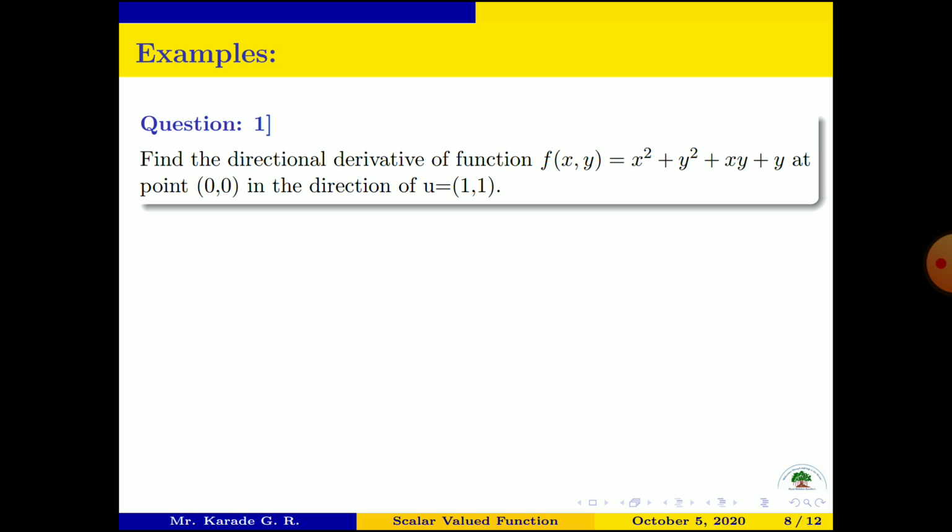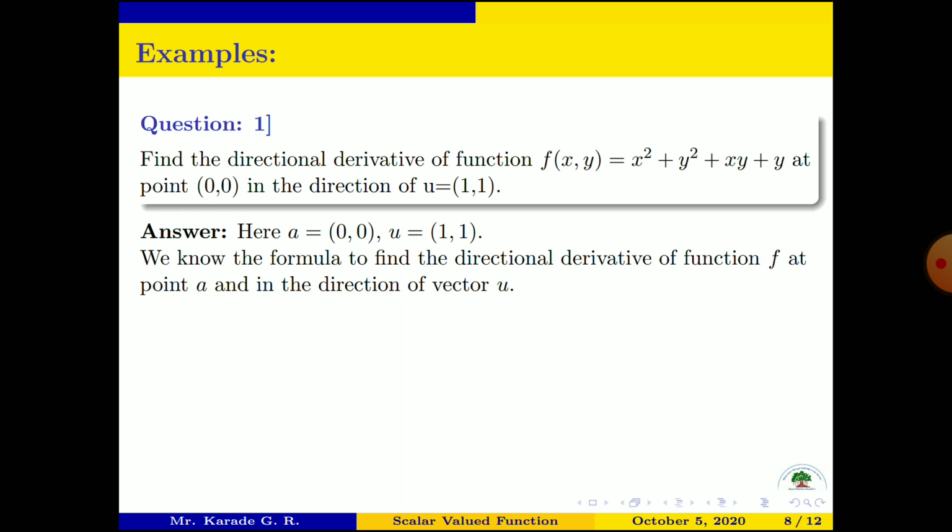So answer here: a is equal to 0 comma 0, u is equal to 1 comma 1. We know the formula to find the directional derivative of function f at point a in the direction of vector u.